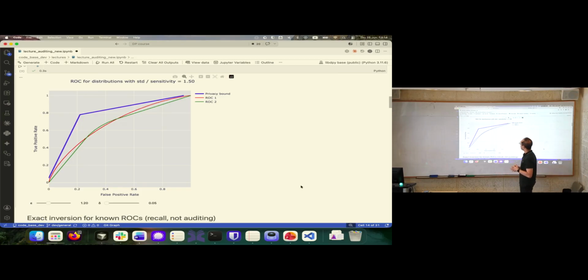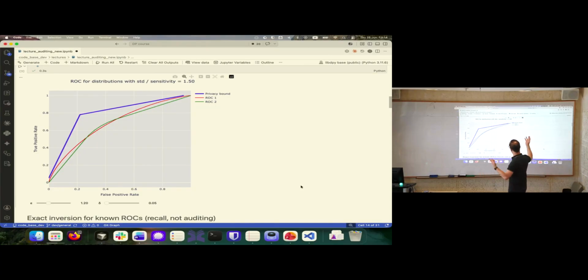And it states that any mechanism, which now defines an ROC, is epsilon-delta DP if that ROC is upper bounded by this linear line corresponding to epsilon and delta. So that allows us to ask, for any given ROC and fixed delta, what is the epsilon of the mechanism, or the other way around, right?